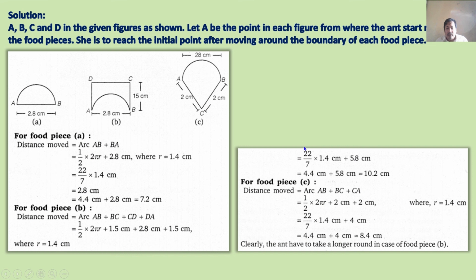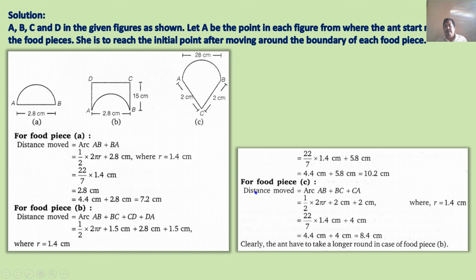Now again this part is the same, 4.4 centimeters. Then if you add these two, you are getting here 10.2 centimeter. So 10.2 centimeter is the total distance taken by the end to go around in foot B.